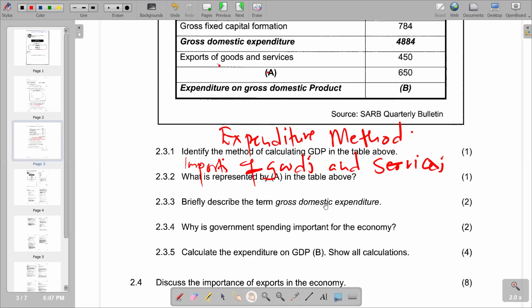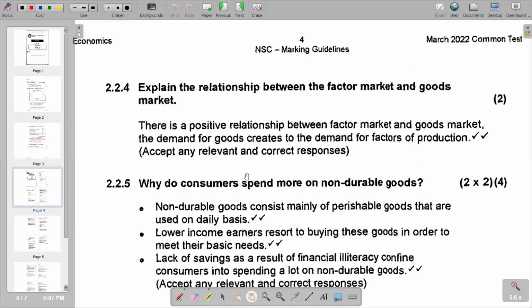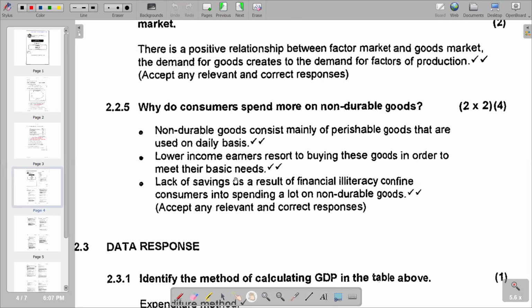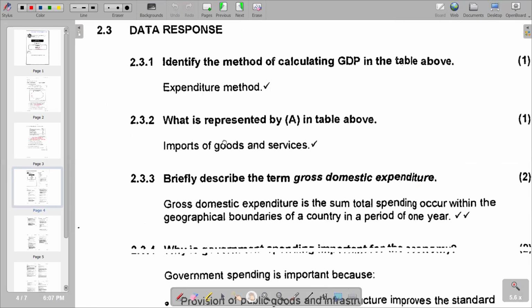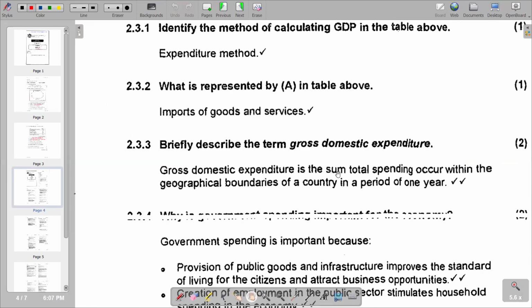So this is gross domestic expenditure. So we now try to see, according to the description that we are given, according to this video, we go again and try to see. We see that the explanation that we have, that gross domestic product, is the sum of total spending which occurs within the geographical boundaries of the country in a period of 1 year.